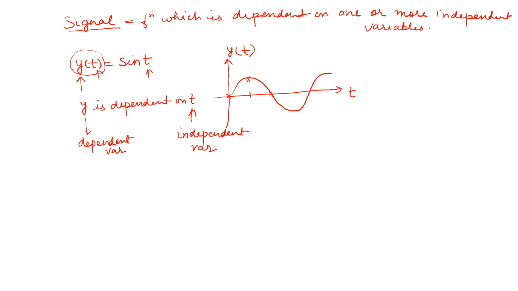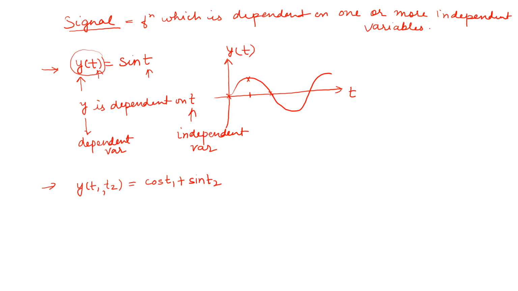For example, in this case, the function y(t) is dependent on t. t is the independent variable. There can be certain situations where a function can be dependent on more than one independent variable. For example, if I write y(t1, t2) is equal to cos of t1 plus sine of t2, here the function is dependent on more than one independent variable. I hope the definition of signal is clear to you. Signal is nothing but a function which is dependent on one or more independent variables.